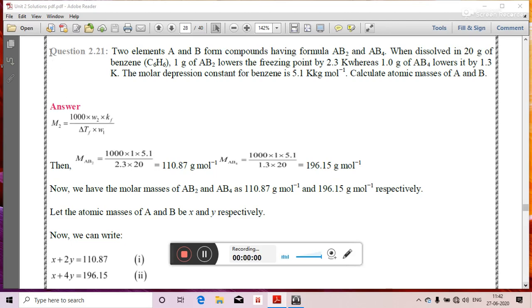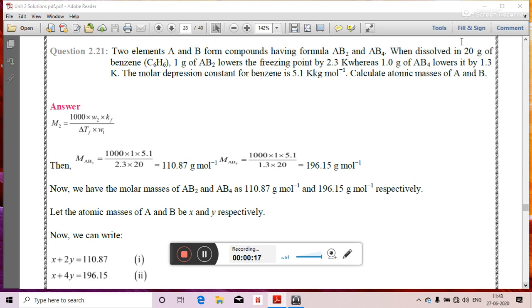Now today we will begin with question number 21 of the exercise. Two elements A and B form compounds having molecular formula AB2 and AB4.